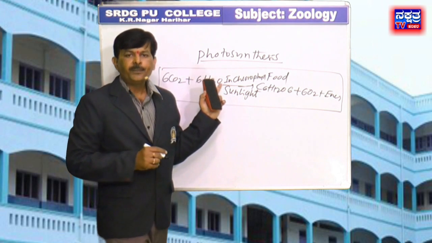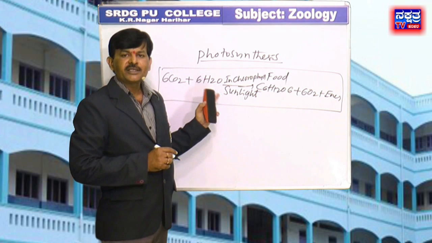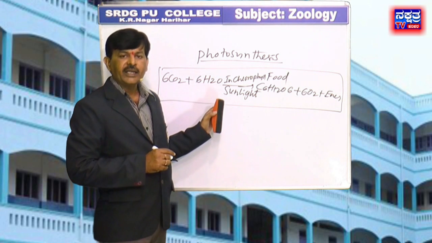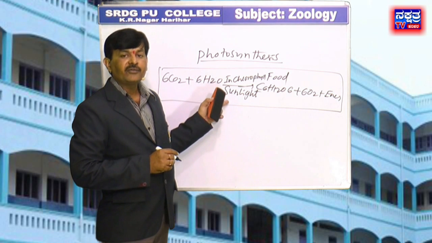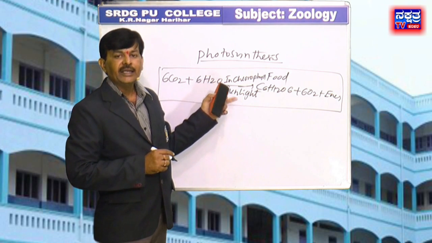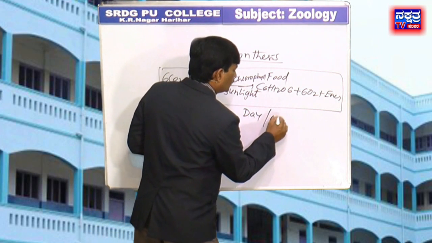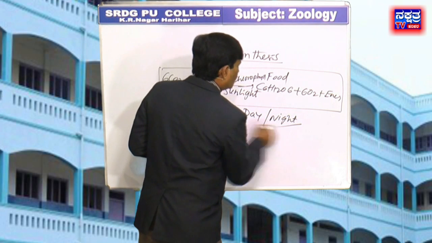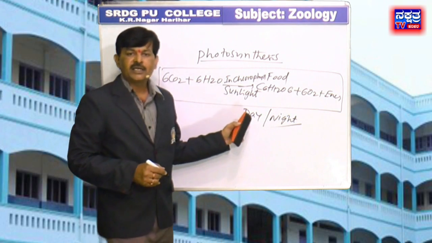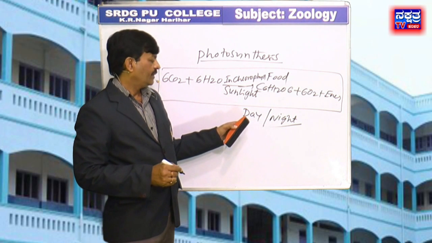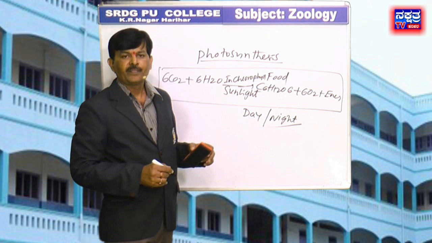But photoperiodism is the physiological reaction of organisms to the length of day or night. It mainly depends on the duration of light.